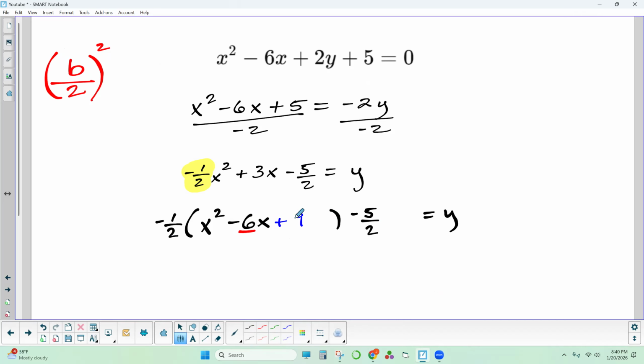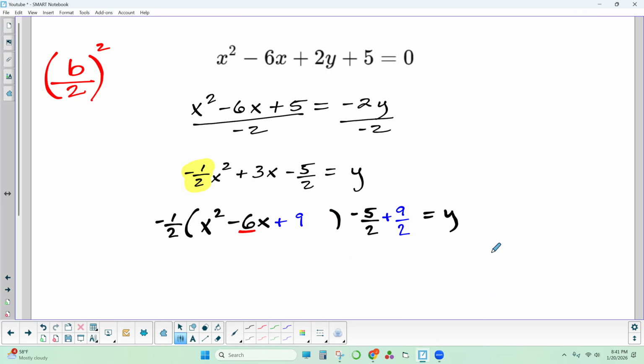So this 9 gets multiplied by negative 1 half, which means we in fact subtracted 9 halves. Typically you would come over to the other side of the equation and do the same, subtracting 9 halves on the right. But instead I'm going to add 9 halves to the same side of the equation, and it's as if I did nothing at all. The equation remains balanced.